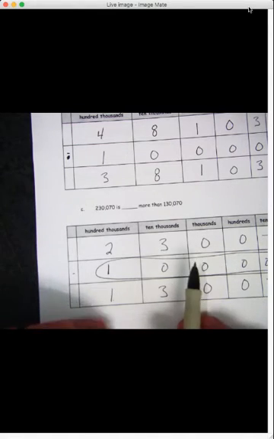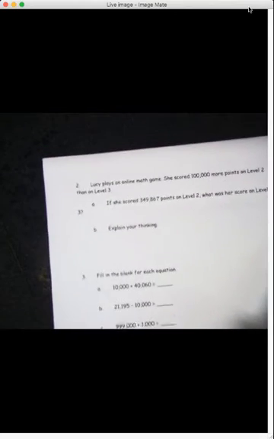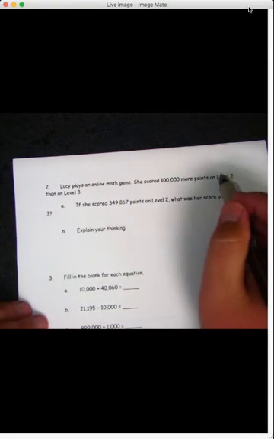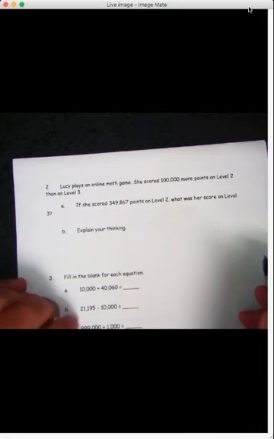Okay, moving on. Number 2, Lucy plays an online math game. She scored 100,000 more points on level 2 than on level 3. So she got more points on level 2 than level 3. So if she scored this many points on level 2, what was her score on level 3?